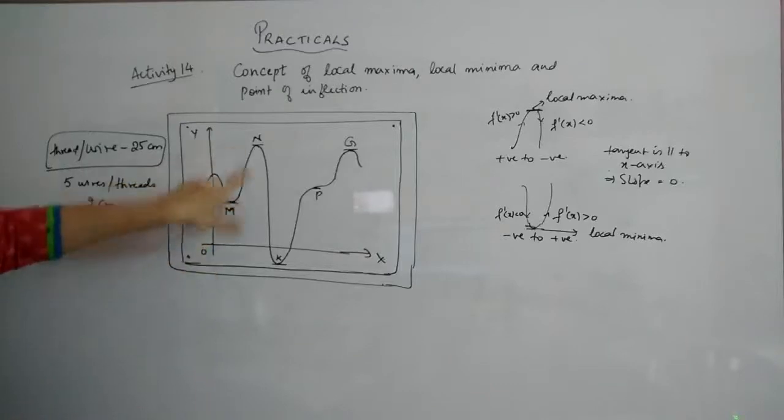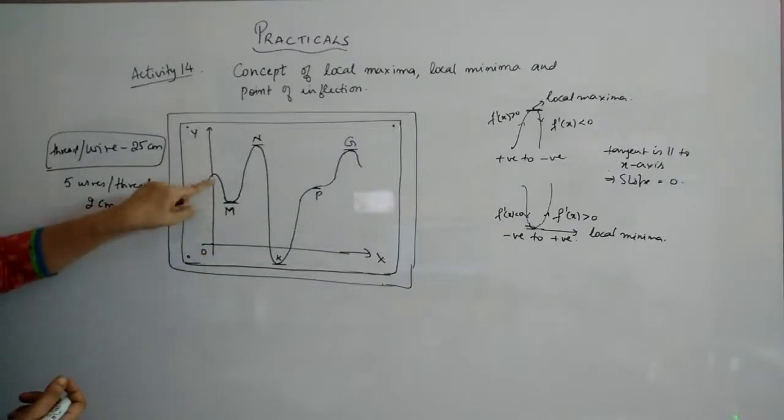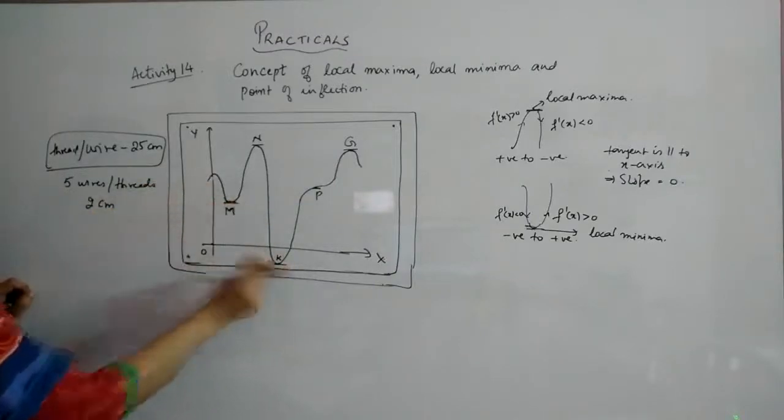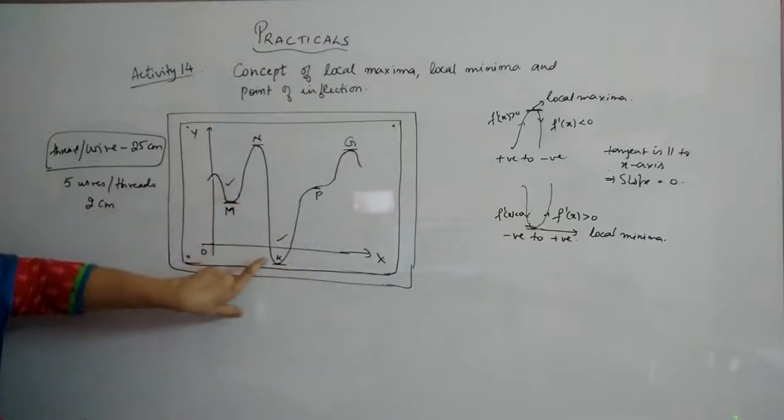So we have 5 points. First we will move on to the parts where you have valleys. You can see two valleys, that is at the point M and at the point K, right?